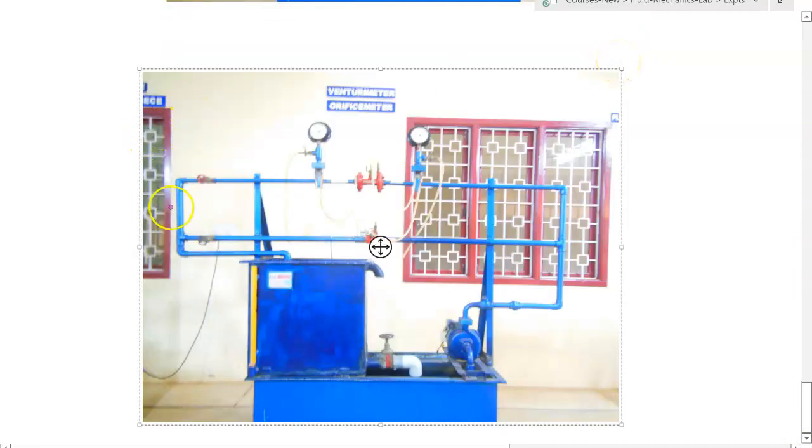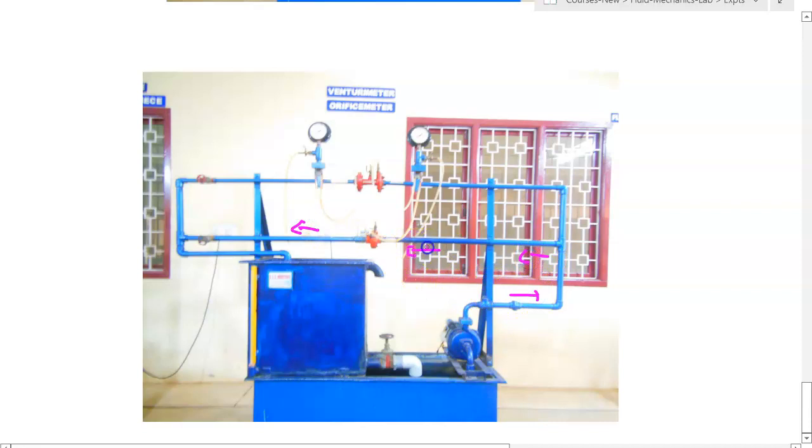In case you want to do the experiment with the Orificemeter, water should flow like this. That means this valve should be open, whereas this valve should be closed. So close the valve on the Venturi-meter side and open the valve on the orifice side.